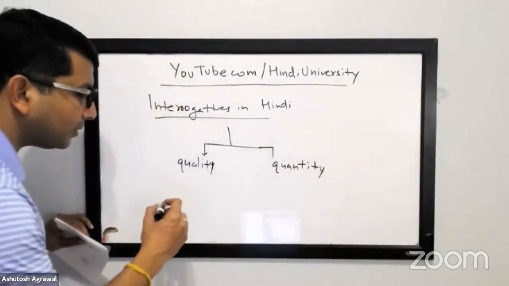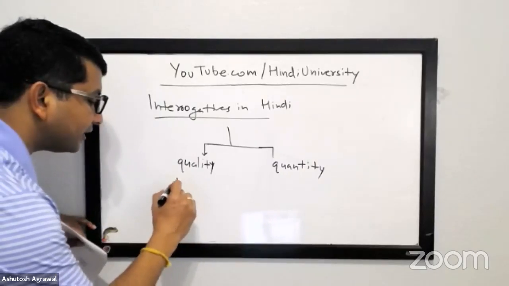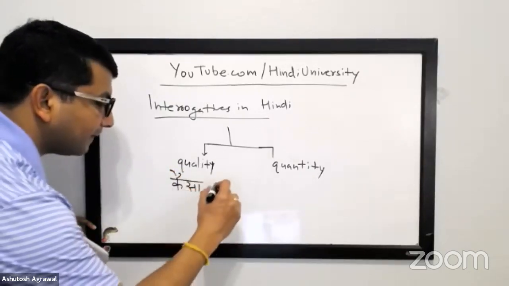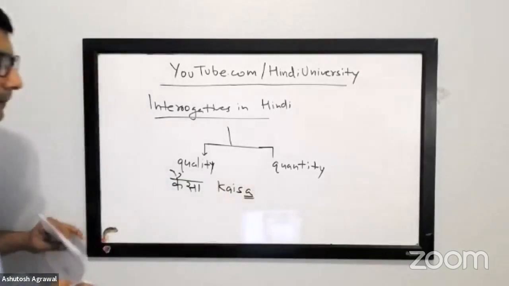When you want to inquire about the quality of a given noun, you use the interrogative called kaisa, which ends with a.